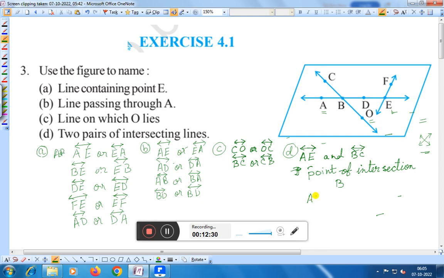These are the two intersecting lines, and the point of intersection is E. Point of intersection is E, right? This is the solution of question number 3.